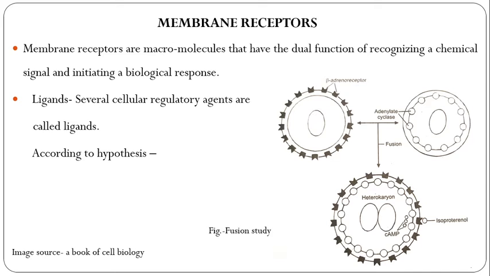Here, see the beta adrenoreceptor. Several kinds of receptors produce a response by interacting with the enzyme adenylate cyclase within the membrane, which produces cyclic AMP from ATP.